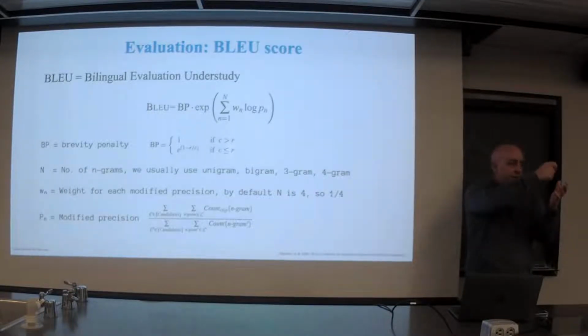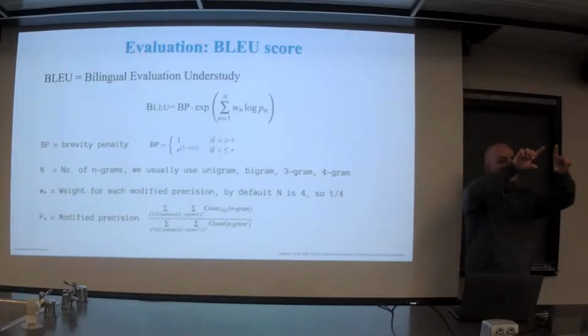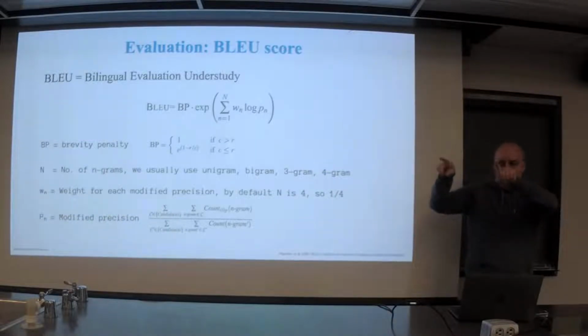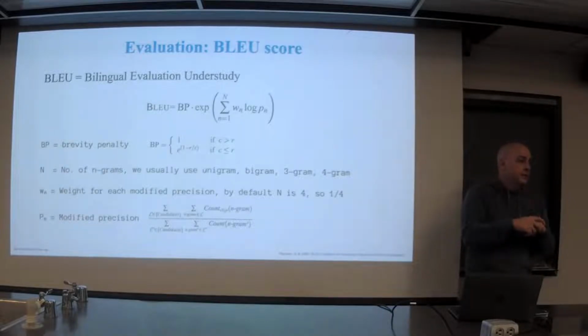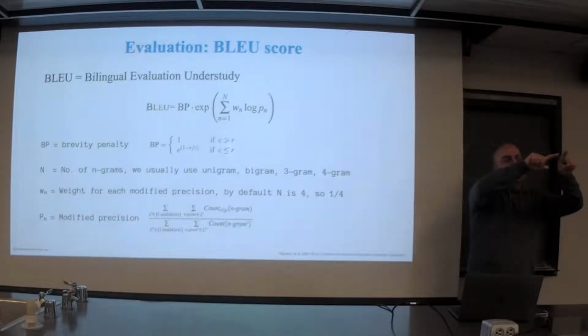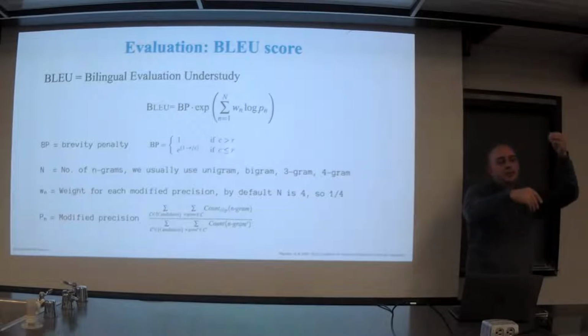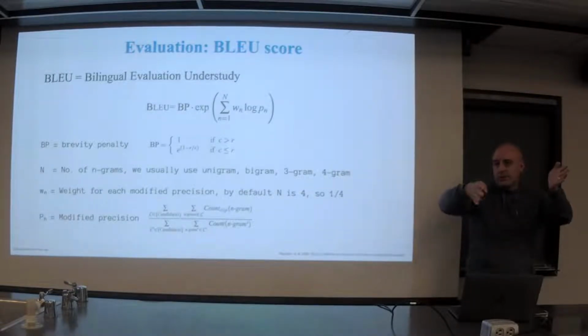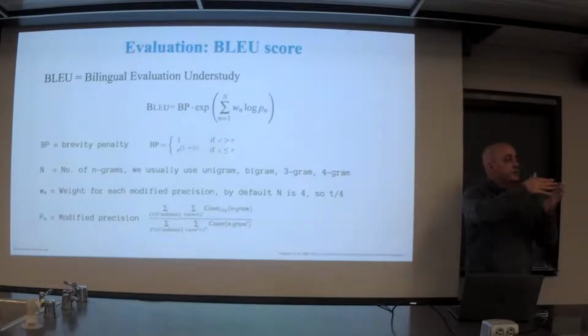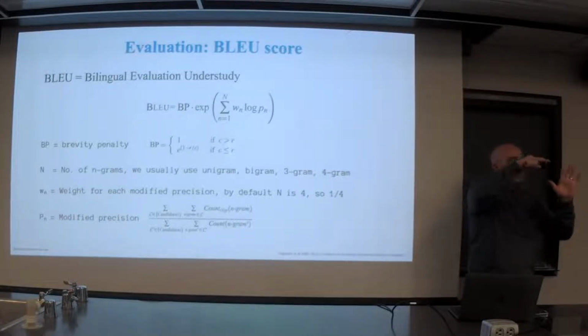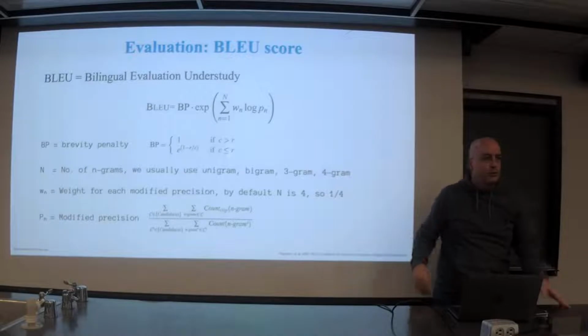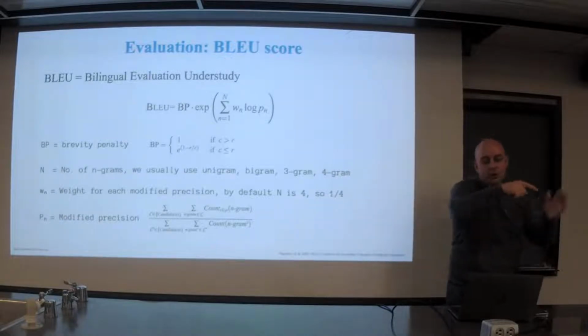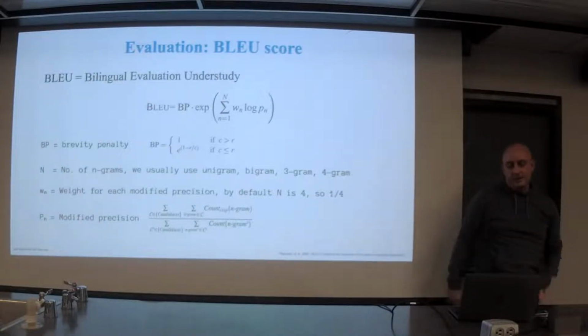A 1-gram is just all the individual tokens, but a 2-gram would be all the pairs of words or tokens in your sequence, and I should say sequential pairs. So not the first token and the 10th token, but 1 and 2, 2 and 3, 3 and 4, and so forth. Same thing for 3-grams, but it's going to be 1, 2 and 3, 2, 3 and 4, and so forth.